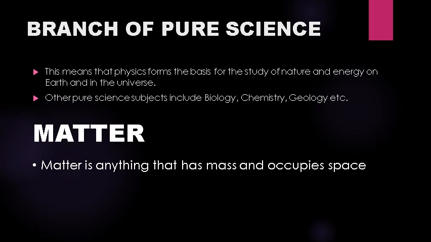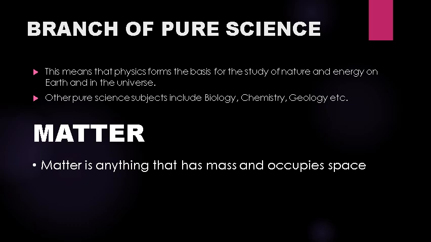So still in that same definition, we saw matter. What is matter? We say that matter is anything that has mass and occupies space. Please, you must not make the mistake of saying that matter is anything that has weight.